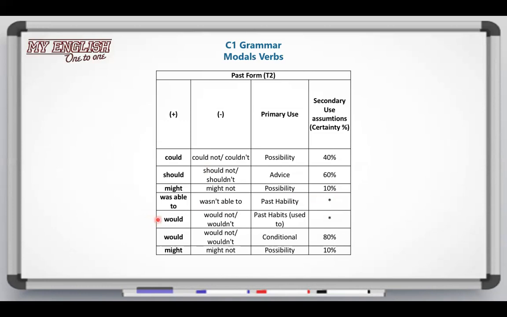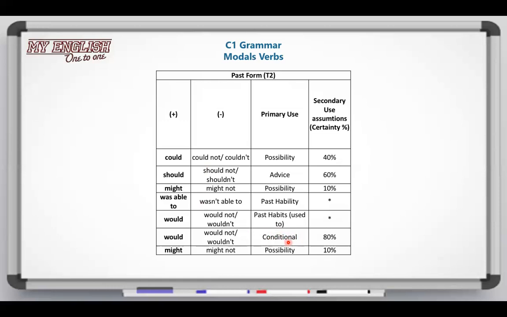Would is the next T2 modal verb. The negative is would not or wouldn't, and it expresses past habits. It's also interchangeable with the expression used to. It doesn't have a secondary use. There's another form for would, which again has the negative wouldn't, and this is for conditional sentences.